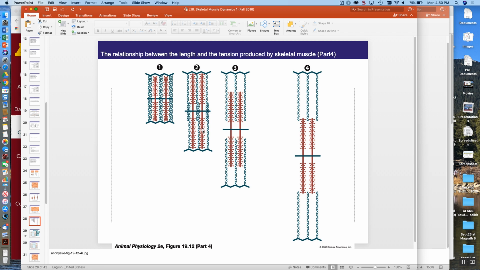Pretty cool. Again, that's called the Frank-Starling mechanism. Okay? And it's all about the length-tension relationship, right? Preload. Preload is the end diastolic volume. It's the amount of blood that is forced into the ventricle, setting the length prior to stimulation.